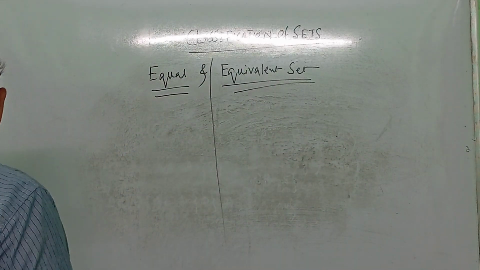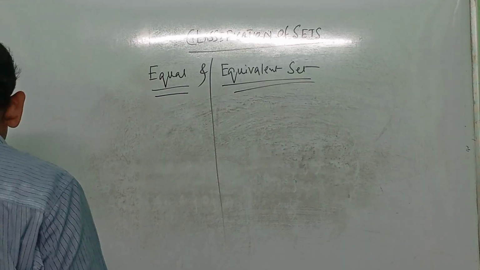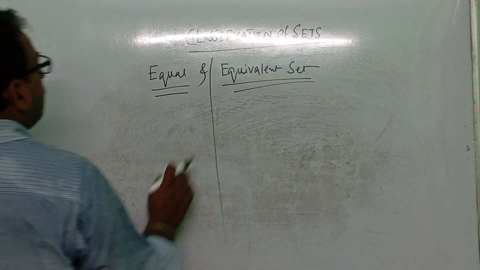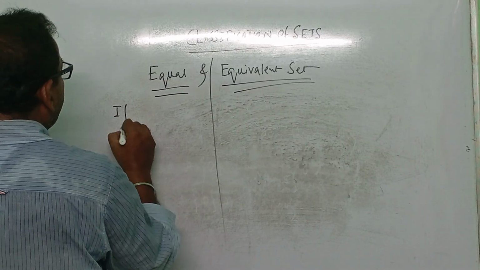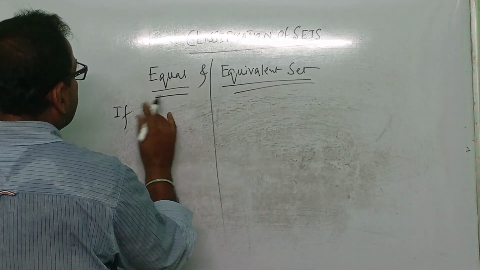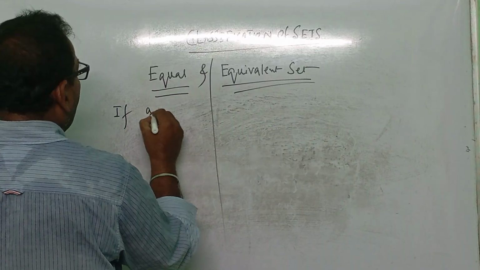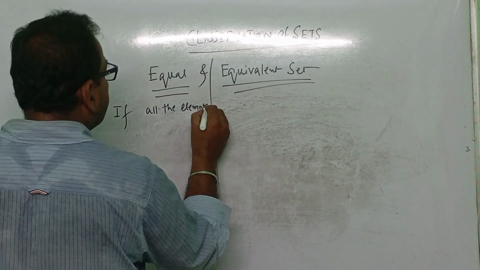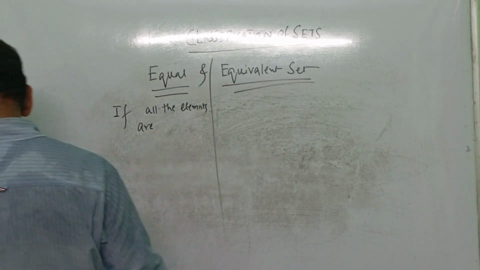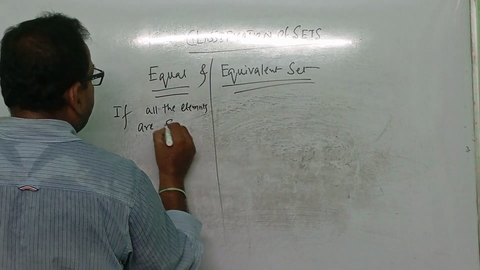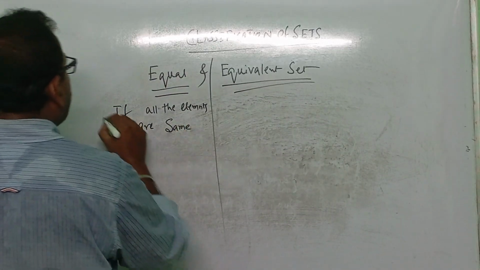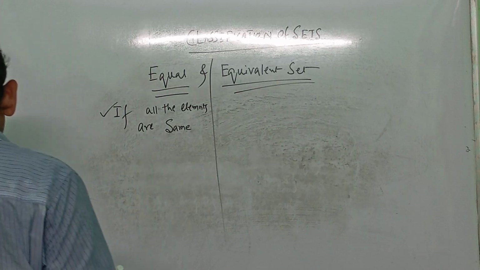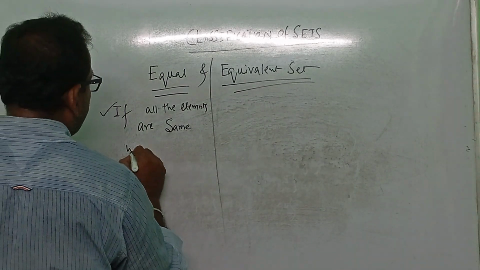Clear? What is equal? If all the elements are the same, this is called an equal set. And how do we write that?